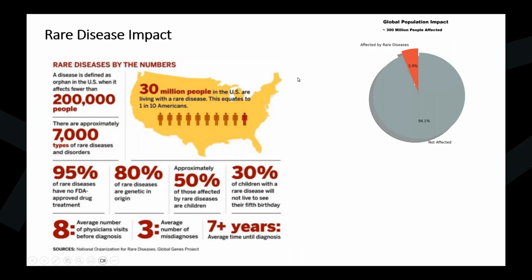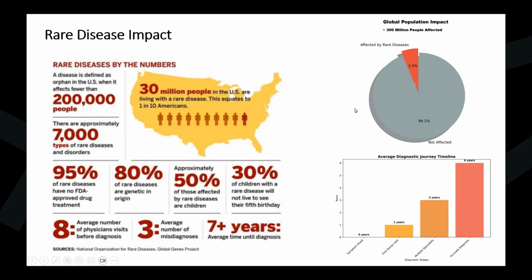And as I said, you see that around 6% of the world is affected by these diseases. The difference between the USA and the global number may be that in some areas of the world there is no diagnosis, so you cannot fully trust this number.